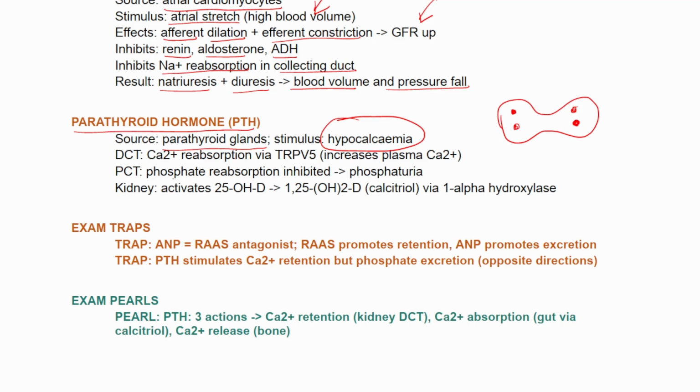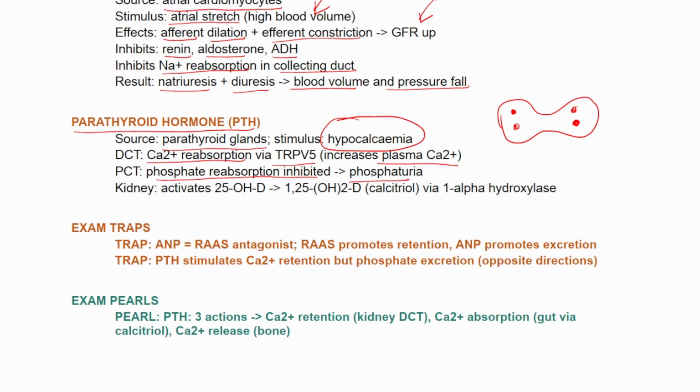Once active, PTH targets the distal convoluted tubule to actively stimulate calcium reabsorption through the upregulation of TRPV5 channels, effectively raising plasma calcium levels. Concurrently, it acts on the proximal convoluted tubule where phosphate reabsorption is completely inhibited, leading to a marked state of phosphaturia.